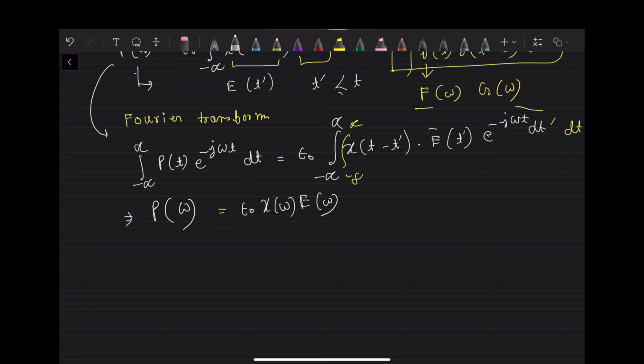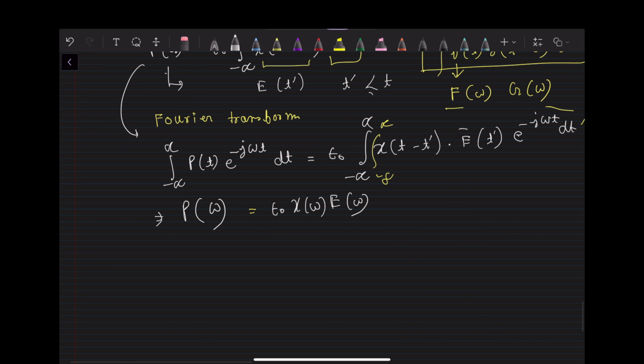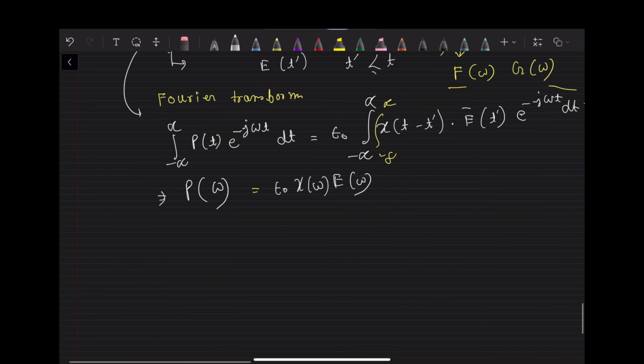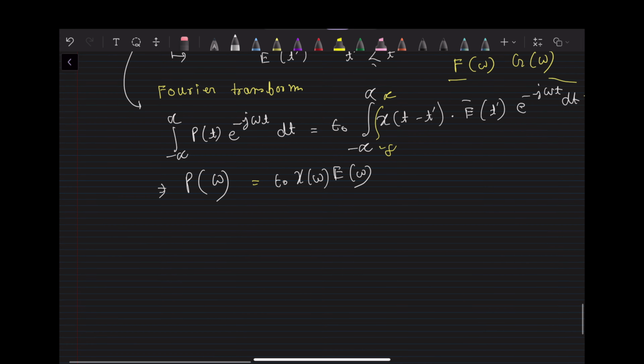Again, there is one more thing, that chi, what I'm assuming till now, it's a scalar quantity, right? But that's not true. It's a matrix, or it's a tensor basically. So it's a 3 by 3 matrix called linear susceptibility tensor.